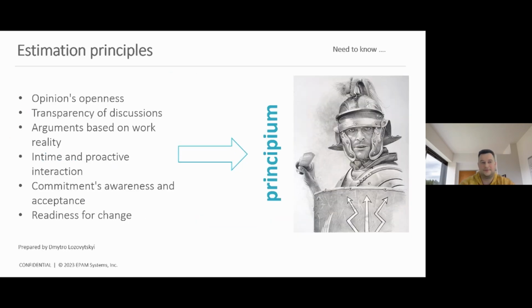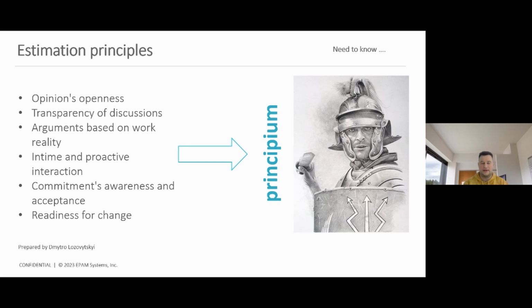Let's go forward. Estimation principles. A very interesting thing: how you should organize the estimation process efficiently. It makes sense. Okay, we understand the definition of estimation, we understand the basis of estimation, and we understand the elements in that formula that we need to combine: information about the estimation object, information about the basis of estimation, and information about the estimation approaches, to set up everything.